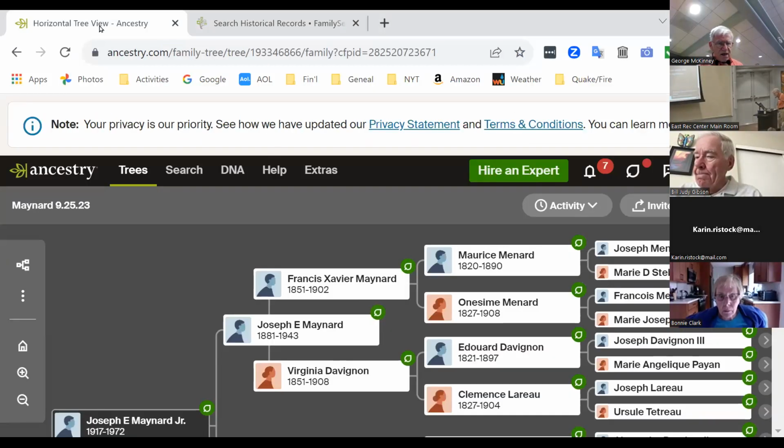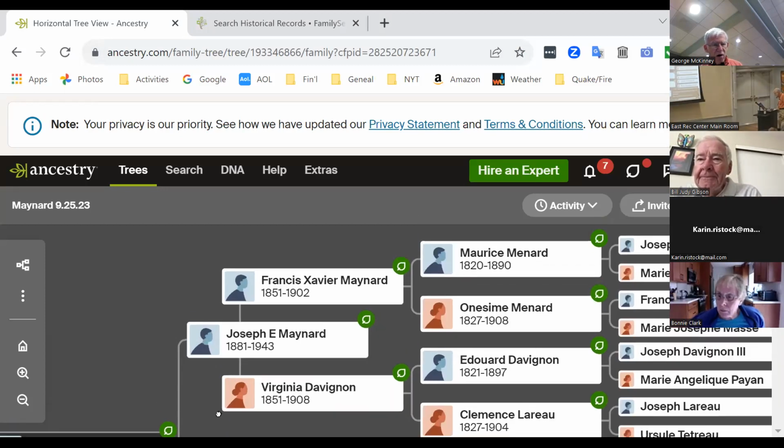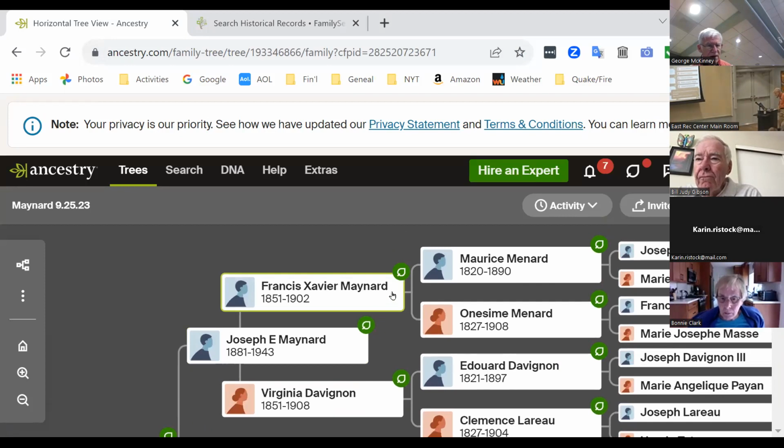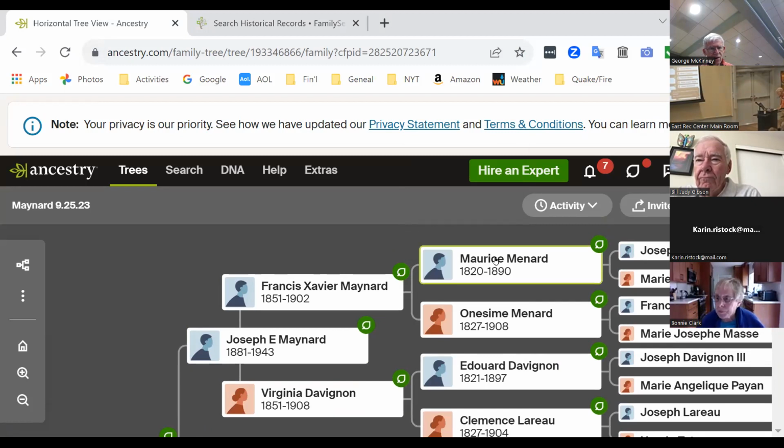Okay, we're going to go to Ancestry, and I'm going to look at how Ancestry today offers hints. These little green leaves are hints. So I have Francis Xavier Maynard, whose father came from Canada, Maurice Menard.